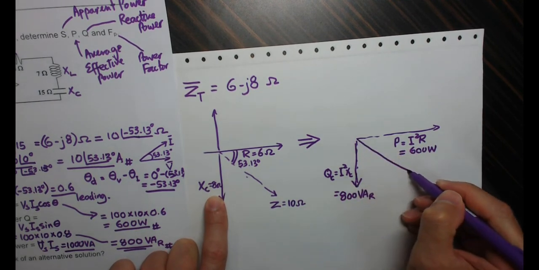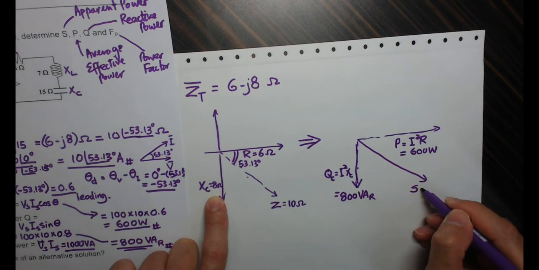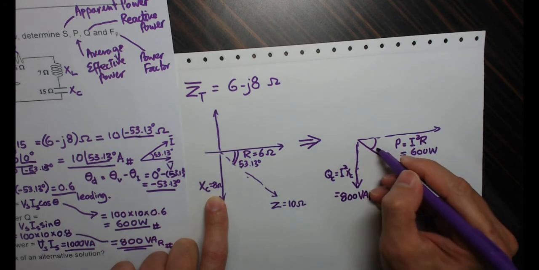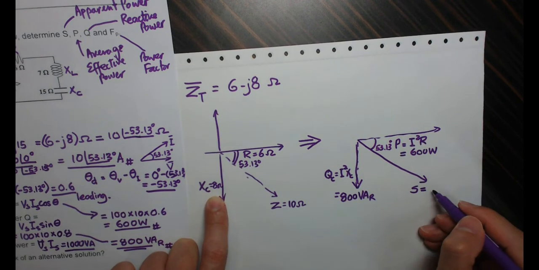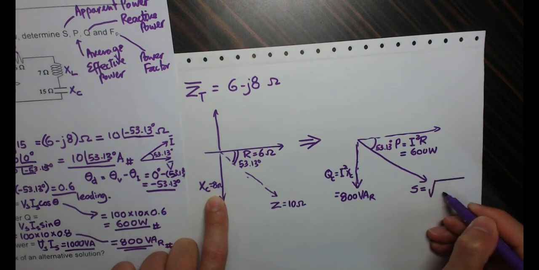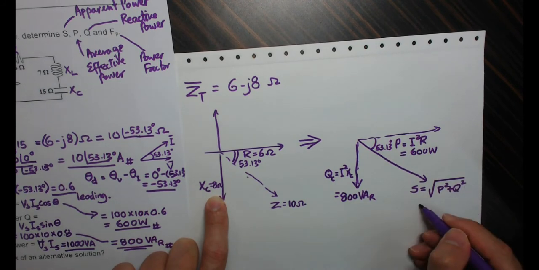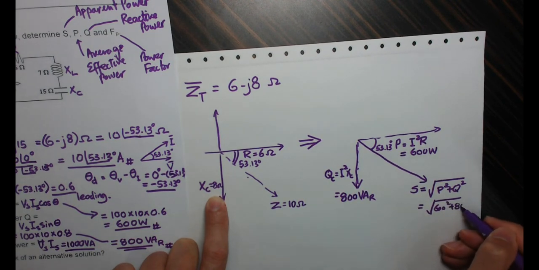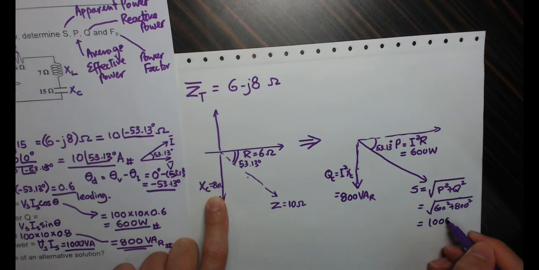And finally, the apparent power S is just the square root of this thing. So here's the same angle, 53.13 degrees. So this is just the square root of P squared plus Q squared, which equals the square root of 600 squared plus 800 squared. That gives me 1000 VA.